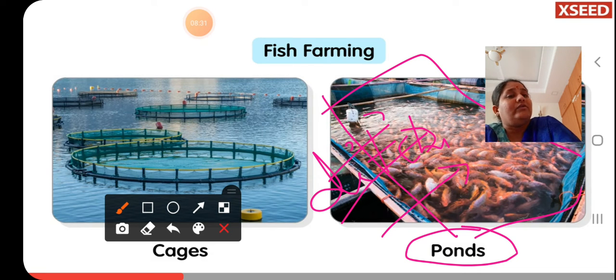Into these ditches we place our selected variety and grow them on a larger scale. This comes under the pond farming method.